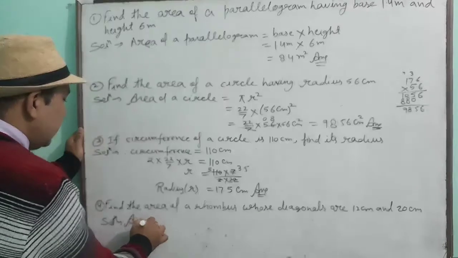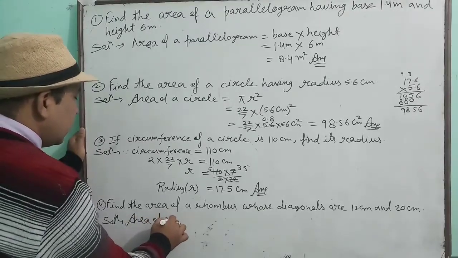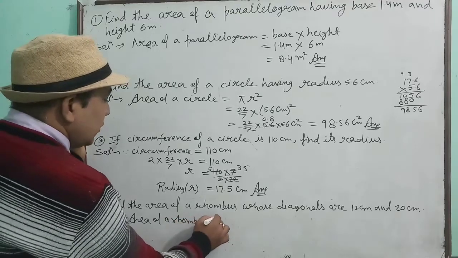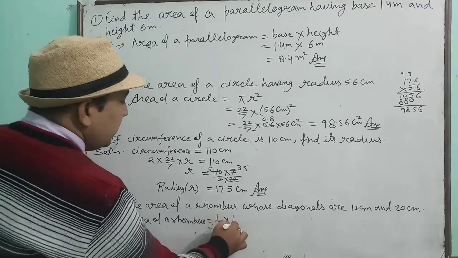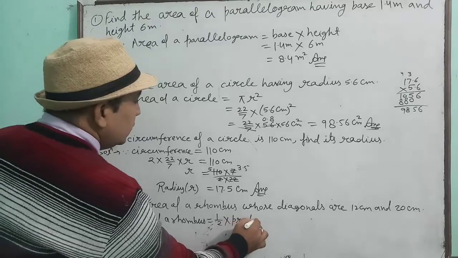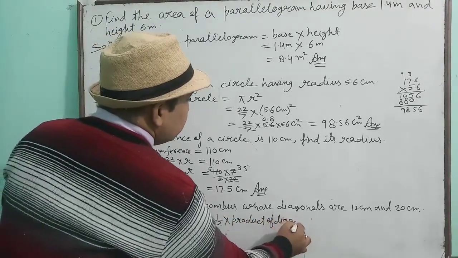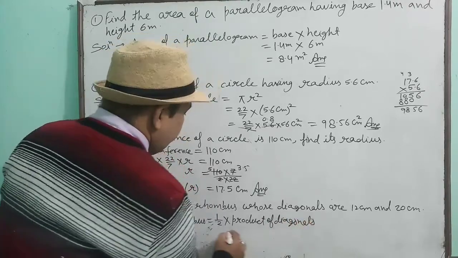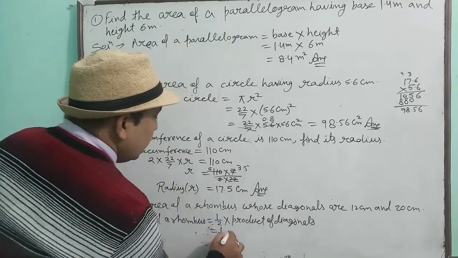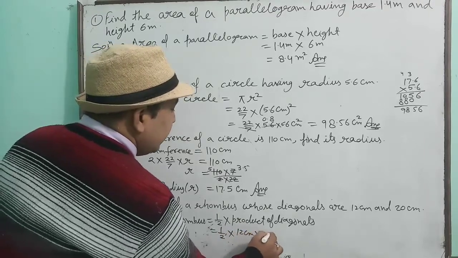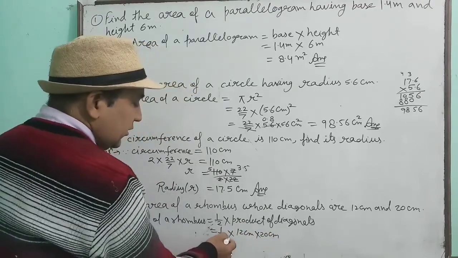So here area of a rhombus is equal to 1 by 2 into product of diagonals. That means 1 by 2 into 12 centimeter into 20 centimeter.